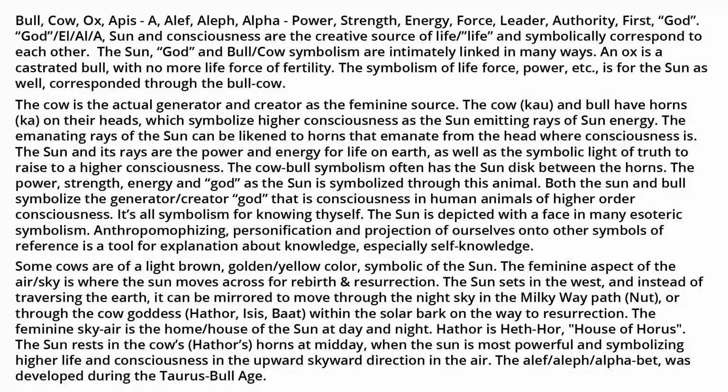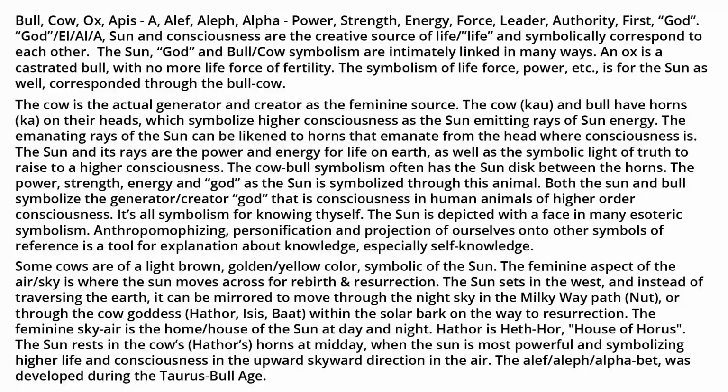The cow is the actual generator and creator as the feminine source. The cow and bull have horns, Ka, on their heads, which symbolize higher consciousness as the sun emitting rays of sun energy. That's why they're the horn symbolism, the horned headdresses for all the leaders and rulers.